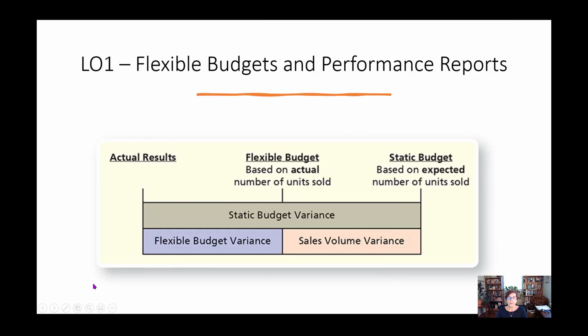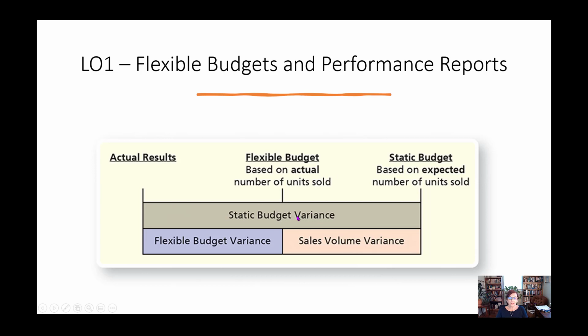Now, we're going to be comparing different amounts. In this case, we're going to look at the difference between the actual results, so that's what actually happened in the period, the flexible budget, which is based on the actual number of units sold, and the static budget, which is based on the expected number of units sold. So in the example we just looked at, the static budget was based on 50,000 units, but we actually sold 52,000 units.